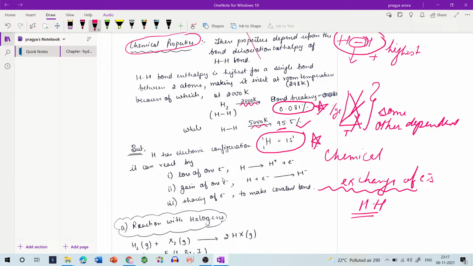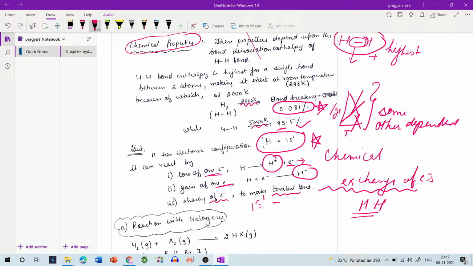So either it can react by losing one electron to form an H positive ion and donate its one electron to some other compound, or it can gain one electron to form a hydride ion, or it can share this one electron in its 1s1 configuration with some other element to form a covalent bond.